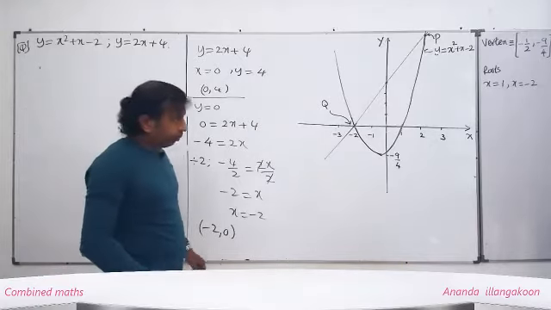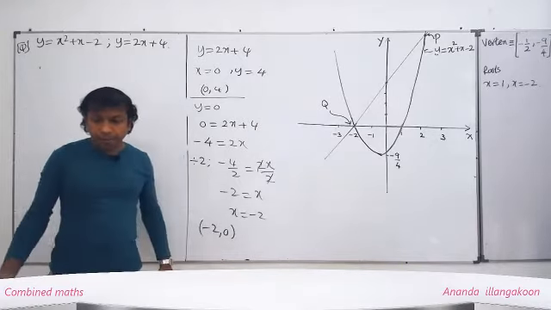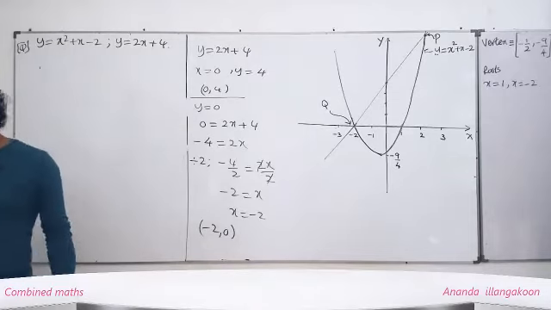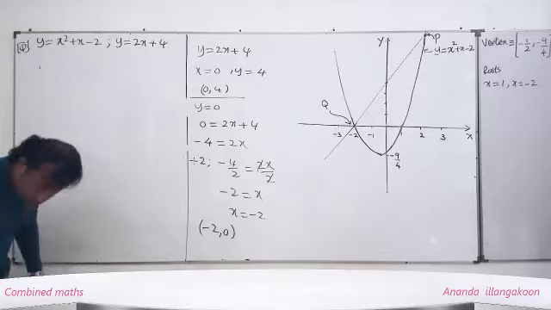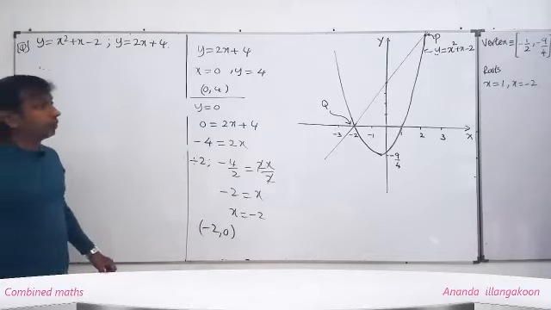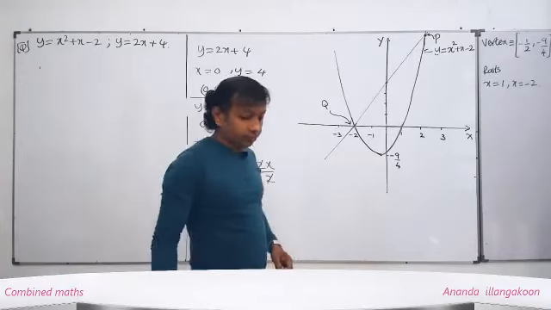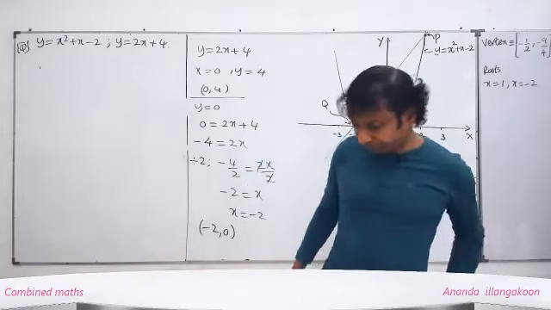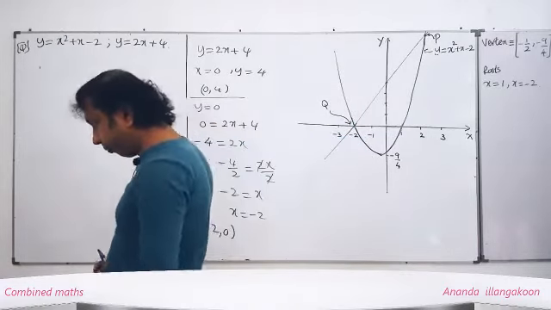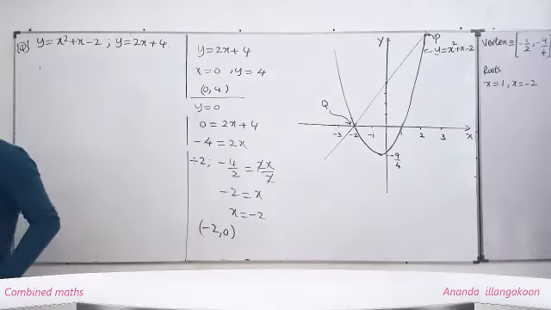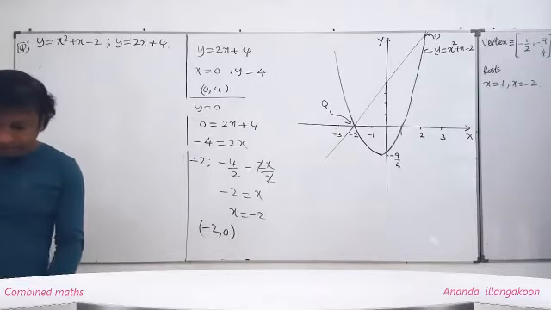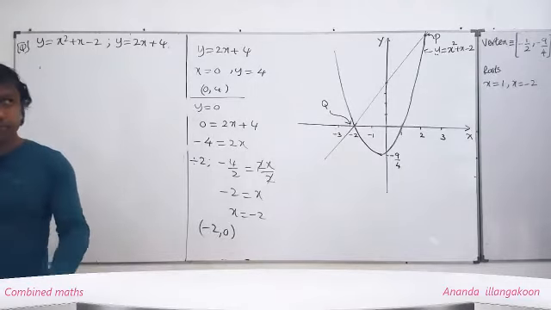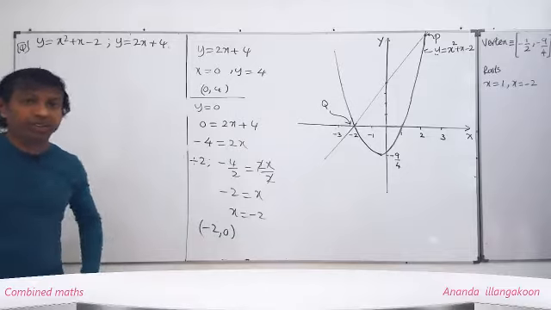In this case, the line and the quadratic graph intersect at 2 points.